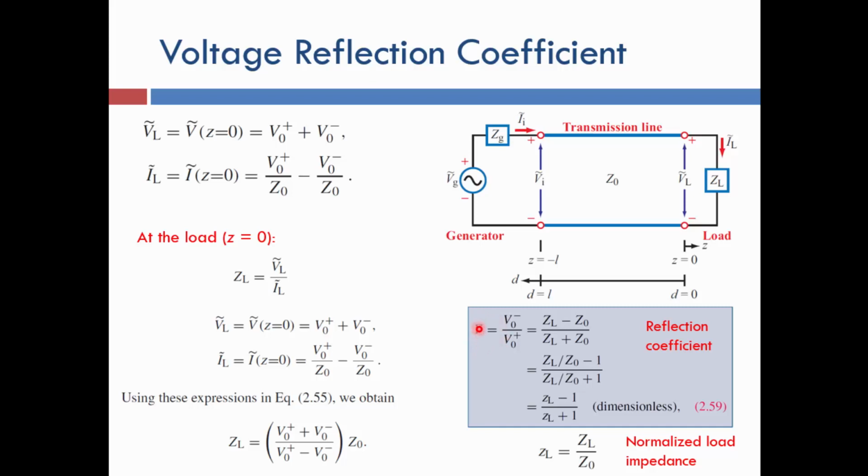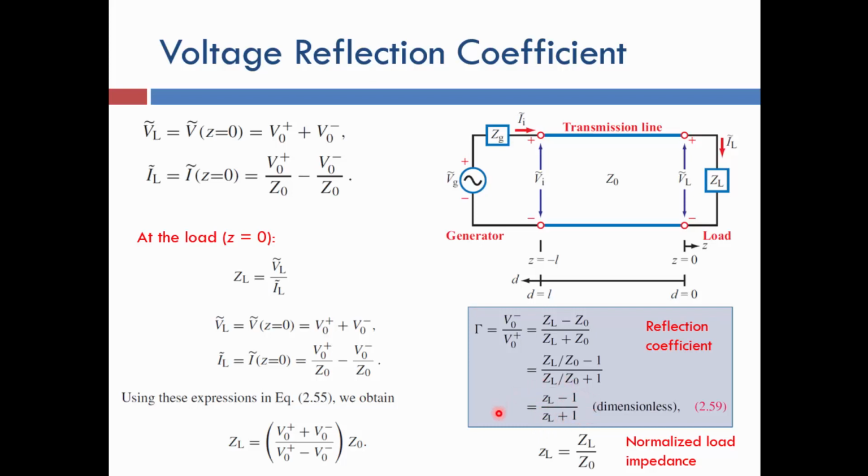If we normalize the load impedance to the characteristic impedance, that means dividing by the characteristic impedance, we could simplify the relation to be the ratio between the normalized load impedance minus 1 to the normalized load impedance plus 1.